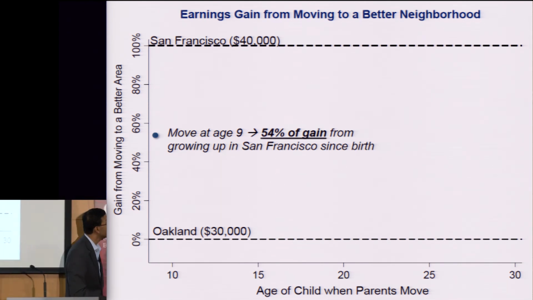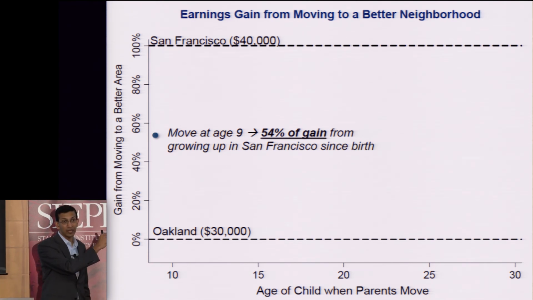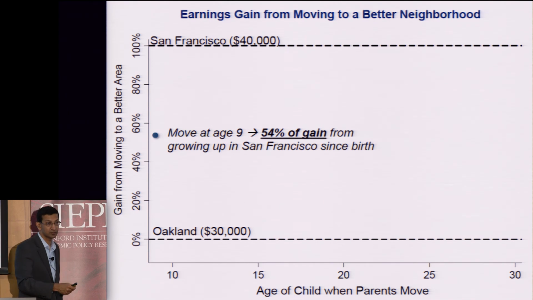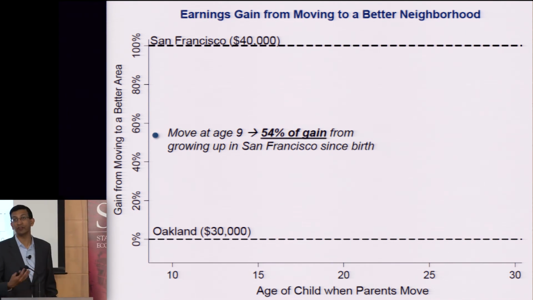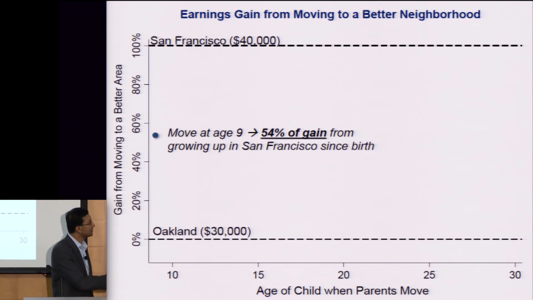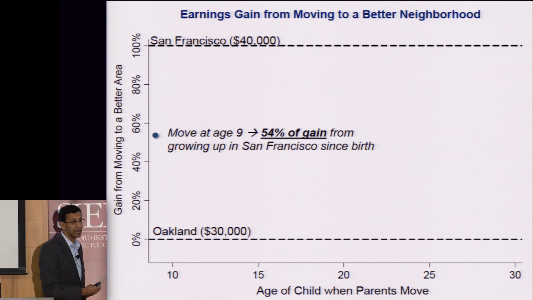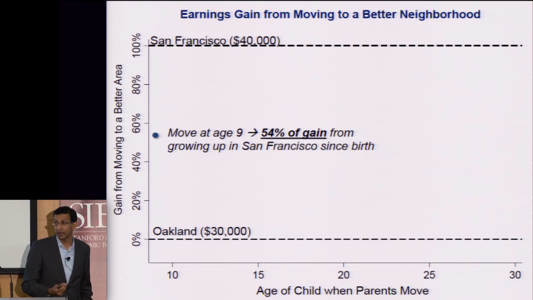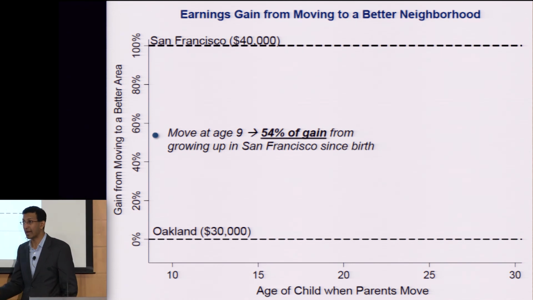And what we find is that those kids end up roughly halfway between the kids who grew up in Oakland from birth and the kids who grew up in San Francisco from birth. That is, they're earning roughly $35,000 on average. In a sense, they get about 54% of the gain of growing up in San Francisco from birth. So that's for the kids who moved when they were exactly 9.